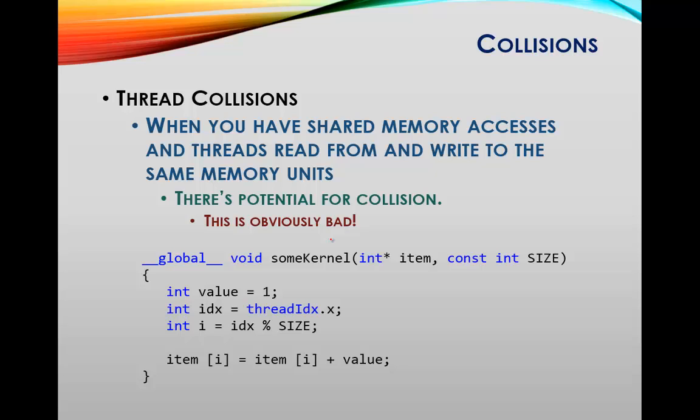And that is what happens when two or more threads try to access the same memory unit. Only one of those threads will be able to access the memory unit and perform operations. And all the other threads that are colliding with this thread either won't be able to perform their operation, they just move on and not perform the operation at all, or they have to be serialized.